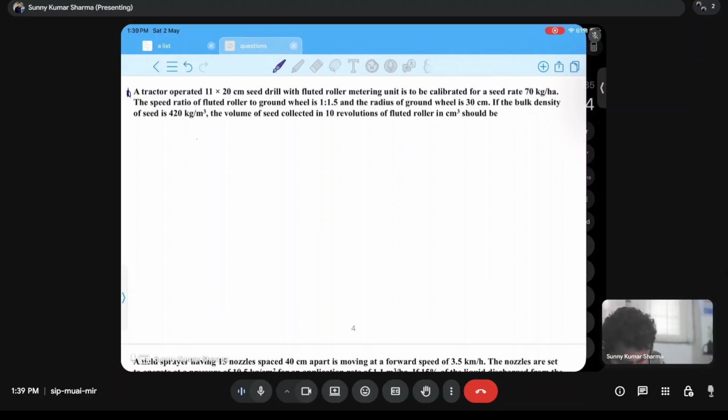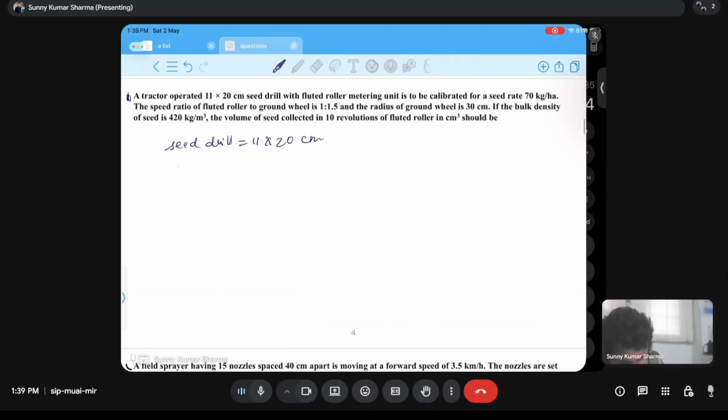So in this question, the seed drill has a working width of 11 into 20 centimeter and the seed rate is 70 kg per hectare.